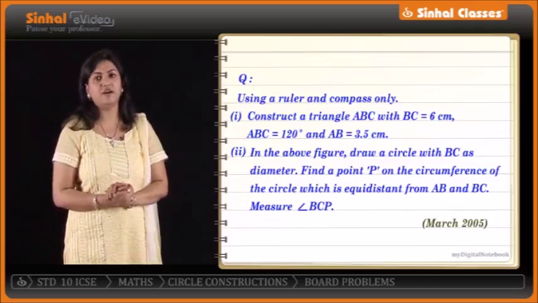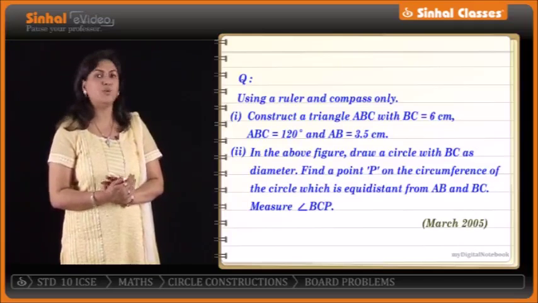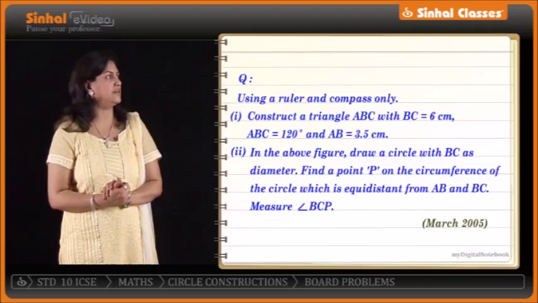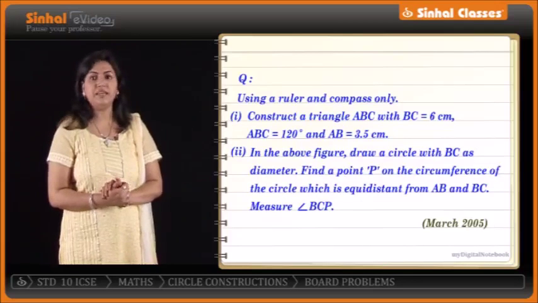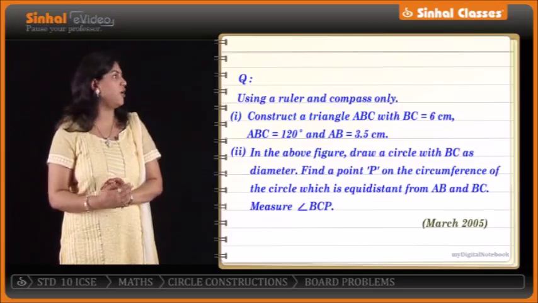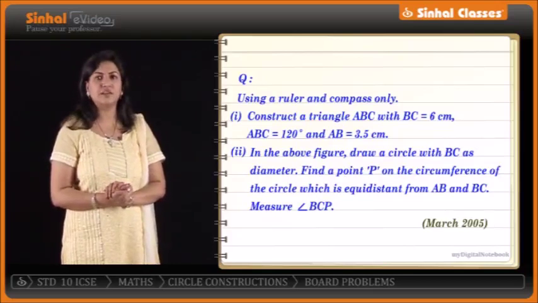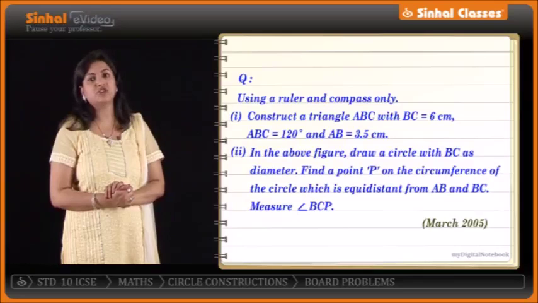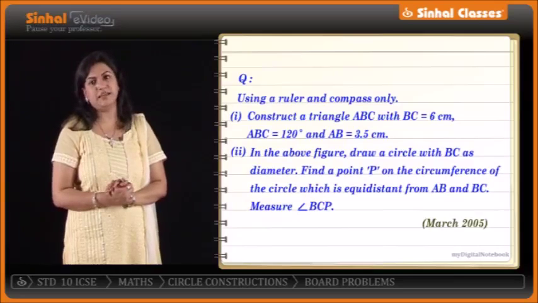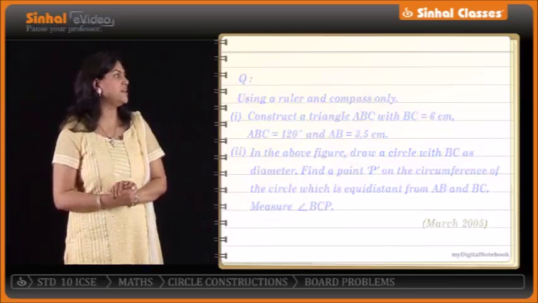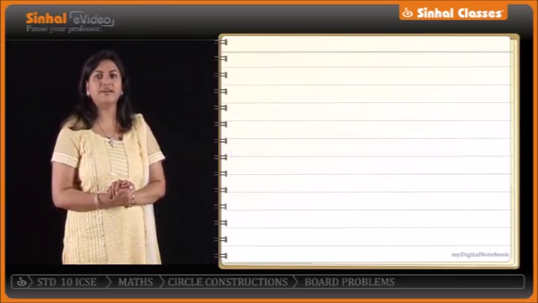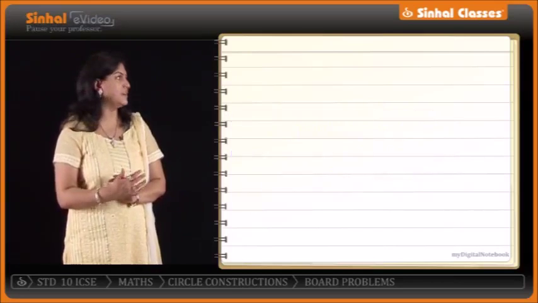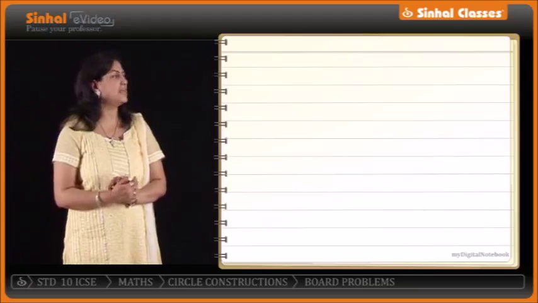In the above figure, draw a circle with BC as diameter. Find a point P on the circumference of the circle which is equidistant from AB and BC. Measure angle BCP.